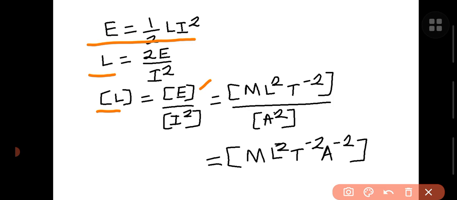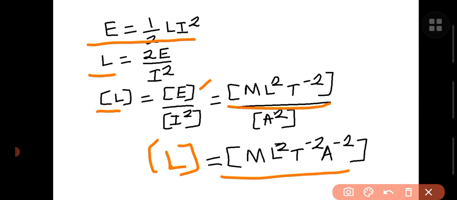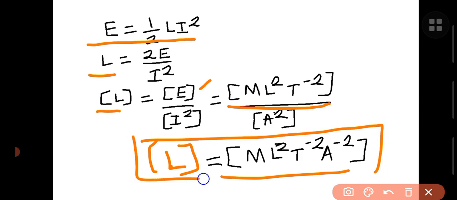The dimension of the energy is given as M L square T power minus 2, divided by the dimension of current, A square, ampere. I is ampere, so A square. As a result, we get the dimension for L inductance, which is M L power 2 T power minus 2 A power minus 2. Here is the answer.